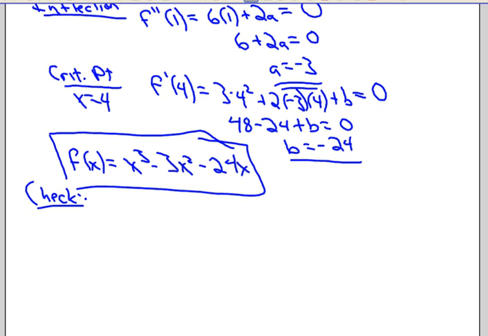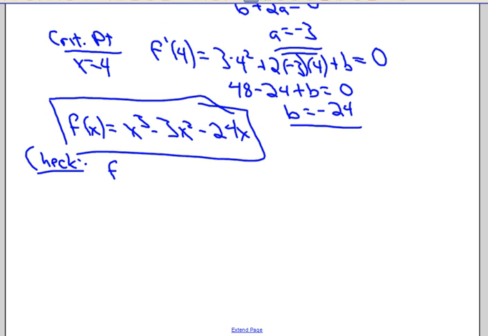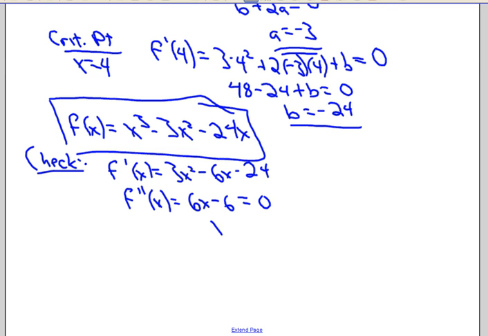Let's check it to see if it truly works out the way we thought it did. We'll take the derivative, 3x squared minus 6x minus 24. Let's take our second derivative, 6x minus 6. When I set my second derivative equal to 0, I can see I have a possible inflection point when x equals 1.